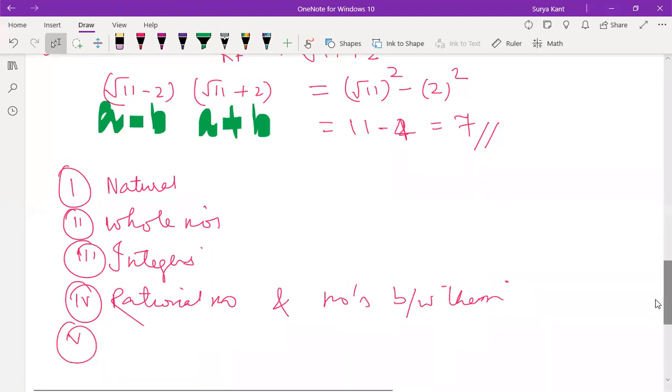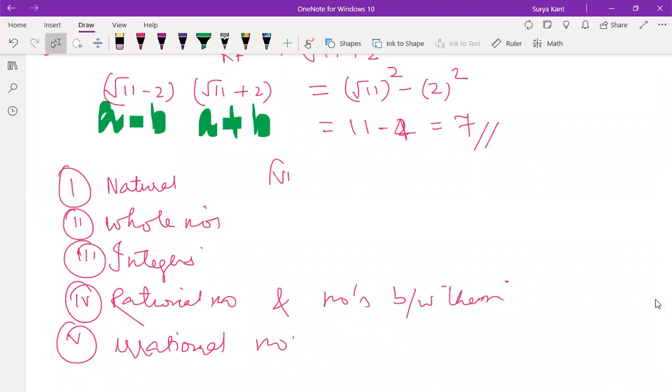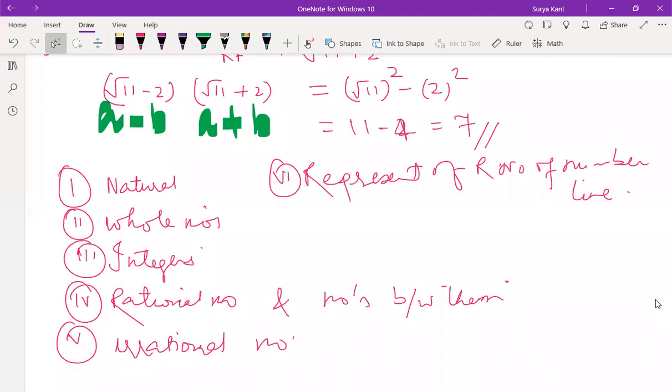Fifth one is irrational numbers. Then sixth one is representation of real numbers on the number line, in which one thing is pending, that is the irrational number part.